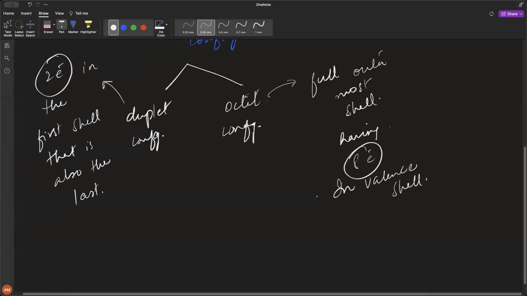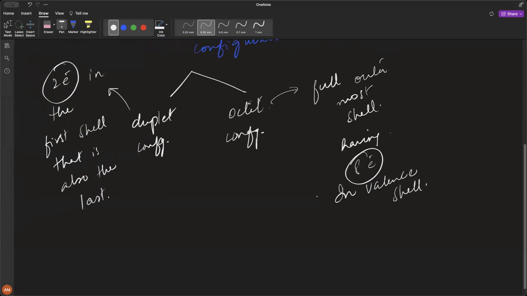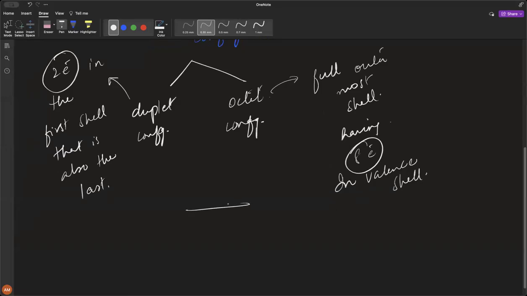So these two configurations are called octet and duplet configurations, and this is done in order to achieve a noble gas configuration. All right, this gives an atom stability, but there is a price that needs to be paid for it.